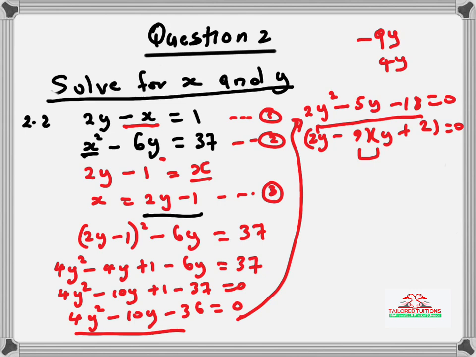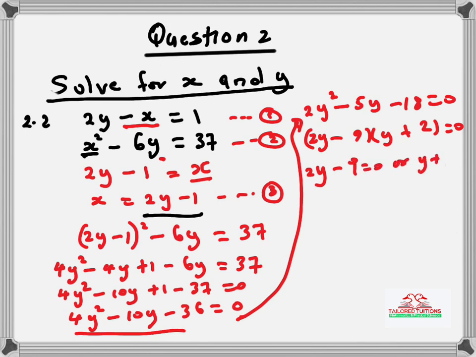Okay, let us continue. I hope you understand. So we said low negative, low positive. So this is now y equal to, let me write it like this first, minus 9 equal to 0, or y plus 2 equal to 0.